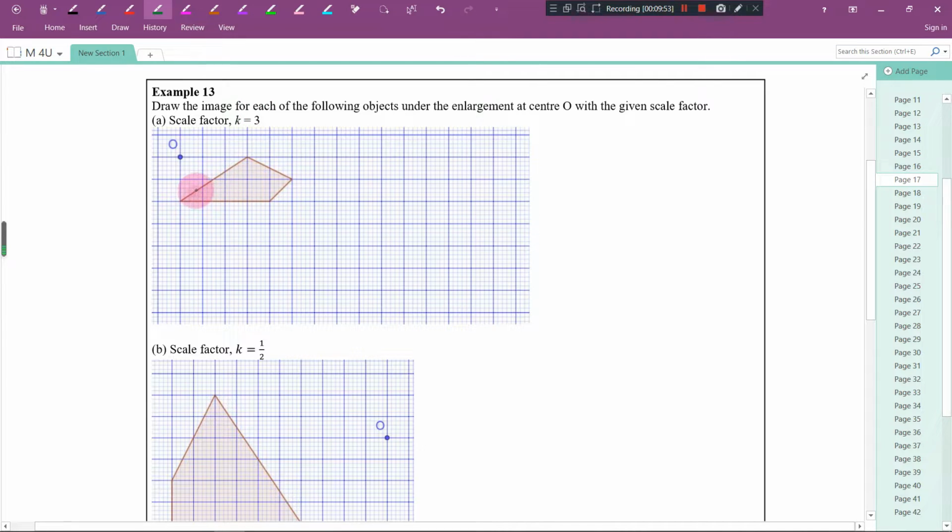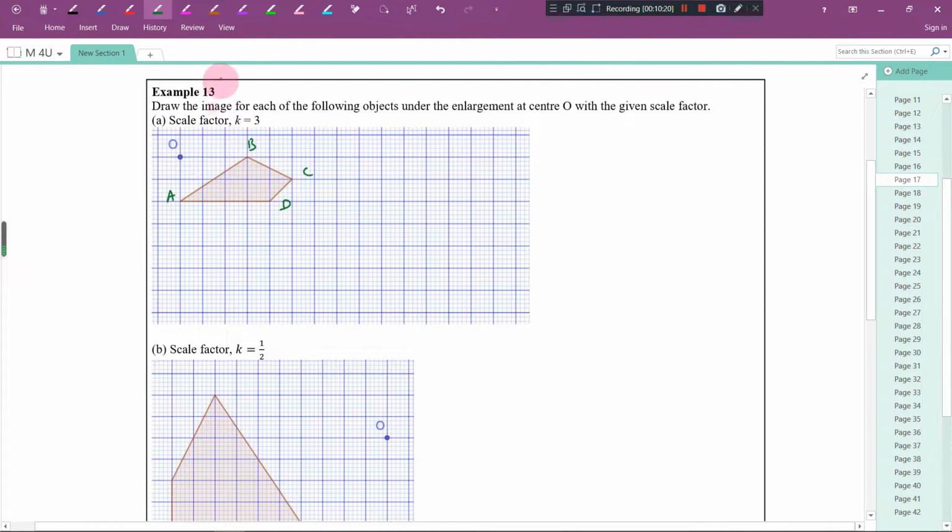Now you do notice that the question does not label all the vertices here, right? So if you want, you can label it A, B, C, D. If you don't want to label it, it's okay. So let me find the image for this vertex A first.